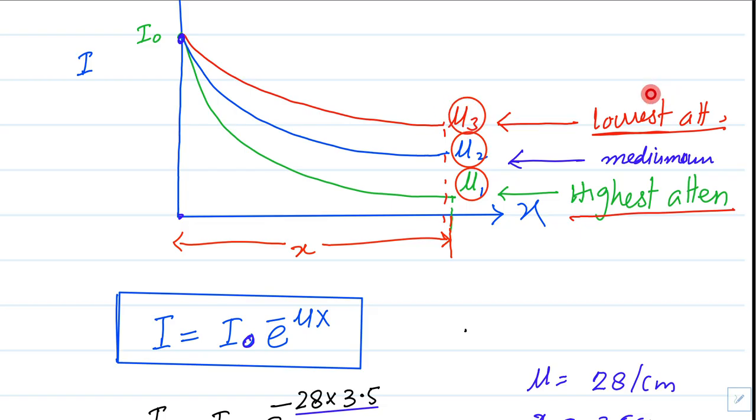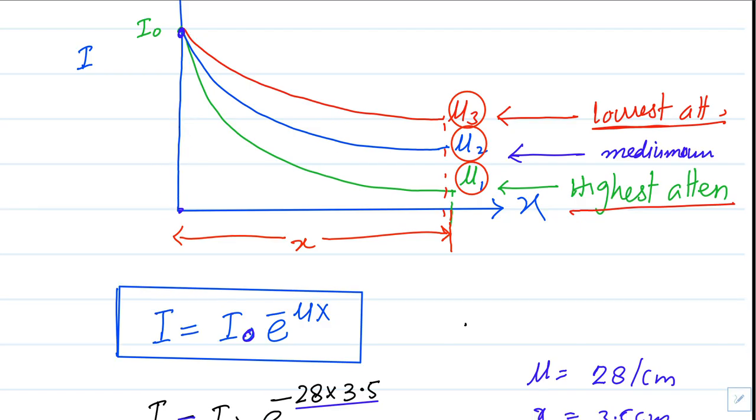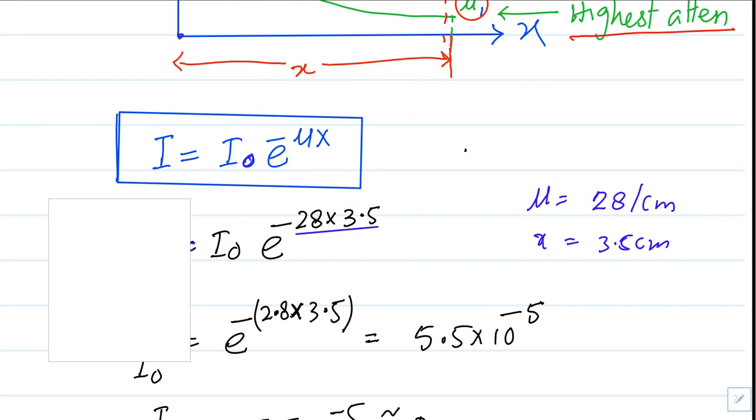The one whose coefficient of attenuation is minimum would have minimum attenuation, like your skin. Then muscles have a higher attenuation coefficient, so their attenuation is medium. Check this one out, intensity has been reduced to this level. And bones have the highest coefficient of attenuation, so the intensity has been reduced to this level. So that is why it is a decay. It is an exponential decay.